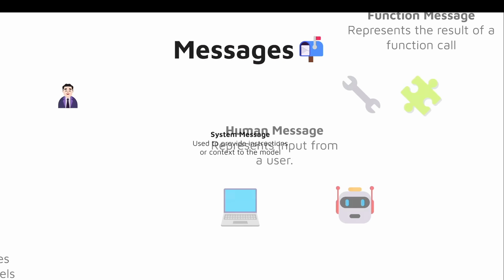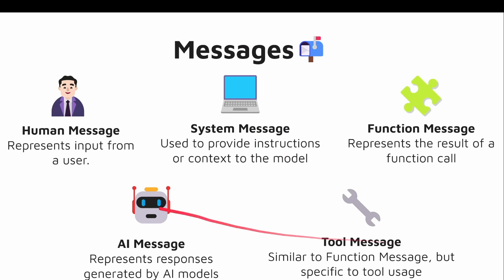So now let's move on to the different types of messages. Again, if you come from a LangChain background, you'll be quite familiar with these. If you haven't, don't worry. We will look at the 5 most common message types in LangGraph. To start off, there's the human message, which represents the input from a user; the AI message, which represents responses generated by AI models; the system message, which is used to provide instructions or context to the model; the tool message, which is similar to the function message but specific to tool usage; and the function message, which represents the result of a function call.